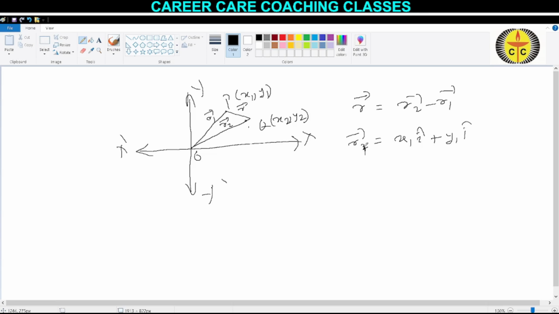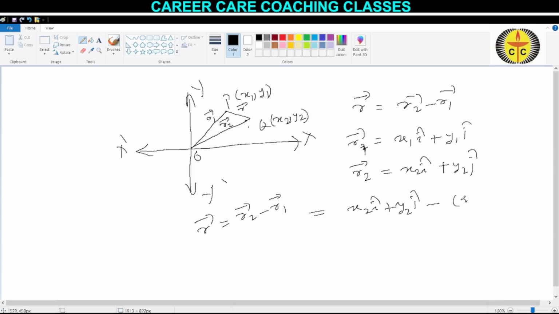Similarly, R2 will be x2 i cap plus y2 j cap. So R is R2 minus R1, that is x2 i cap plus y2 j cap minus (x1 i cap plus y1 j cap).